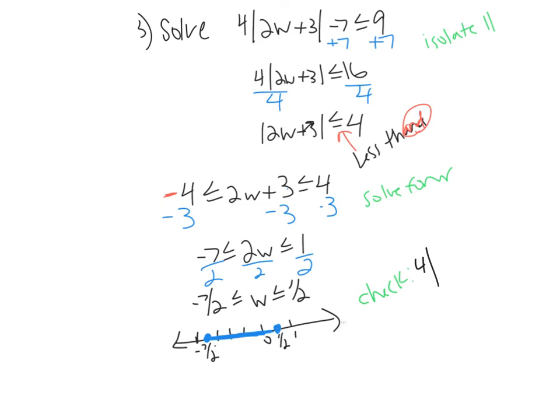So let's plug in the easiest number, which is 0. 0 is shaded, so we want to find a true statement here. So for 4 times the absolute value of 2 times, we're going to plug in 0, and now all of this needs to be less than or equal to 9. So to simplify, 2 times 0 is 0. 0 plus 3 is 3.